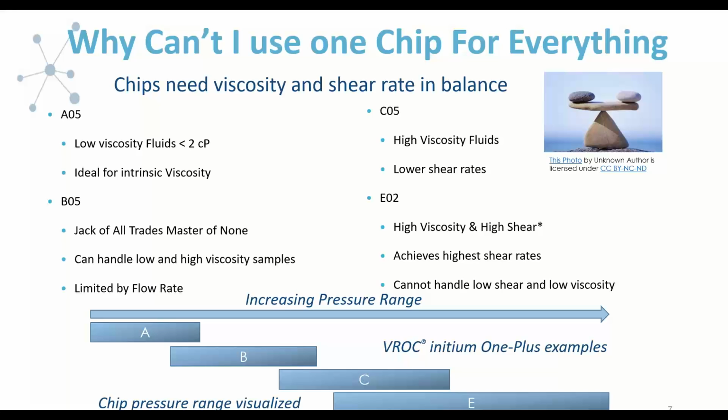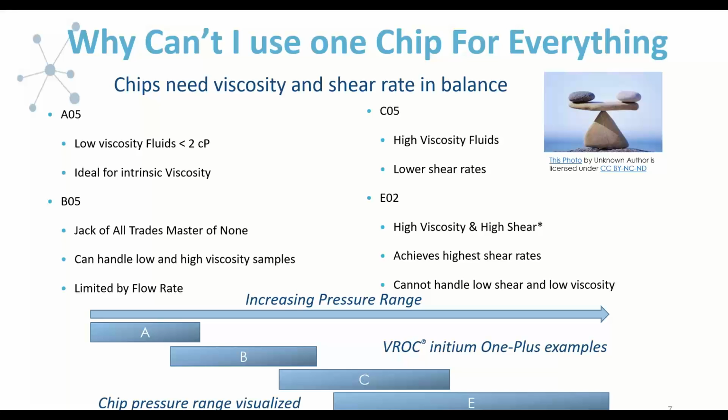If you increase the viscosity of the sample, you also increase the pressure that the chip is experiencing. And likewise, if you have a high shear rate through the chip, you're also introducing a lot of pressure. So it's the combination of the viscosity of the fluid as well as the shear rate that dictates what kind of pressures the chip experiences.